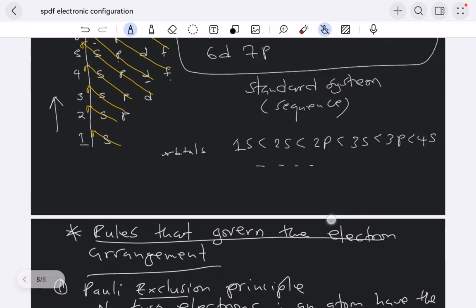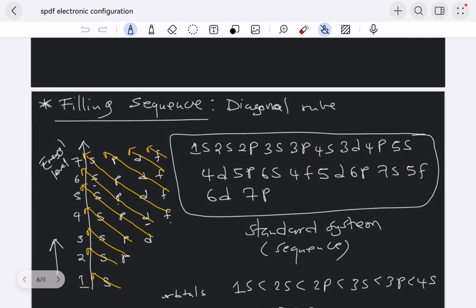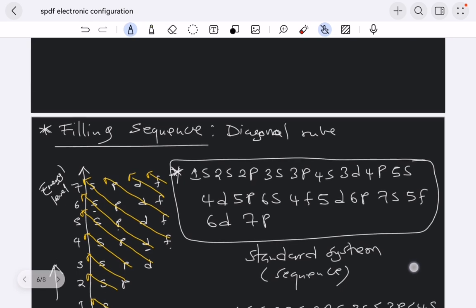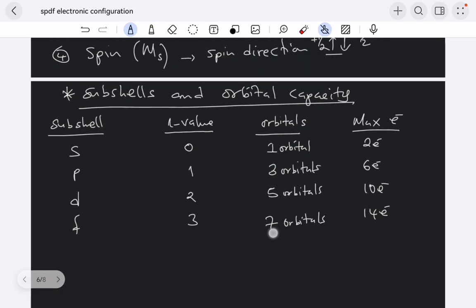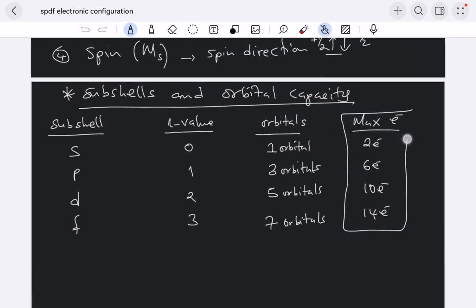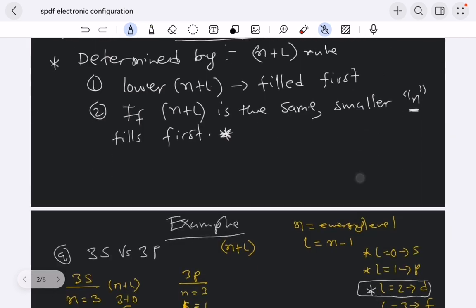If you're trying this for the first time, your job is just to know this format, and then you'll just be replacing by filling in the number of electrons, where you have to know that the maximum number of electrons for each respective orbital that you're dealing with is given by this.